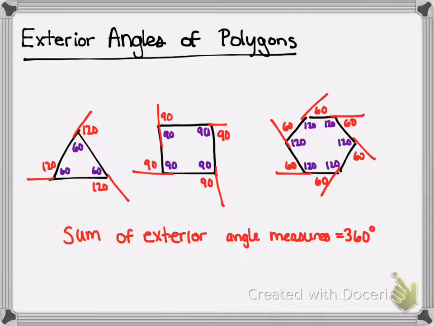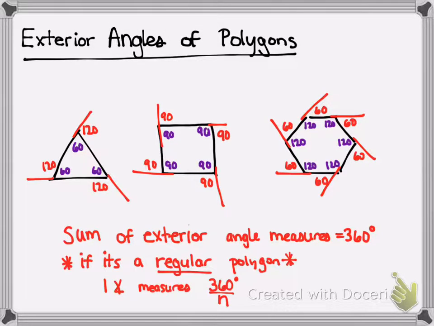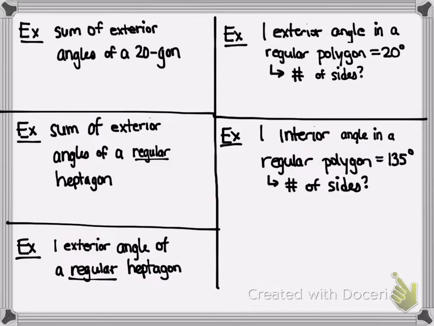Now, if they are regular polygons, you'll notice that each exterior angle is congruent to each other, equal in measure, and we can find it by just taking that 360 degrees and dividing again by the number of sides, because the number of exterior angles matches the number of sides.